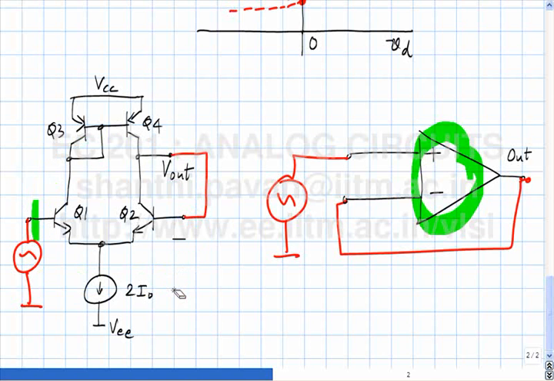So can you now help me figure out if this works as a follower or not? Pardon? Q2 is on the edge of the active region, but it always remains on the edge of the active region. So that's not really a problem. What he's pointing out is that, hey, look, the collector and the base are shorted, so Q2 is at the edge of the saturation region.